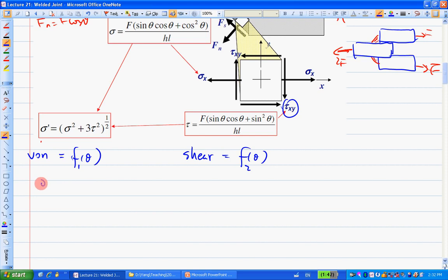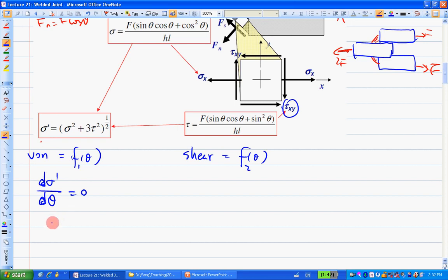So you take the derivative with respect to theta, actually not d, just partial, set it equal to 0, and solve for theta. Then plug the theta back over here, and you get the maximum sigma prime. Same thing for this. I'll show you the results here.